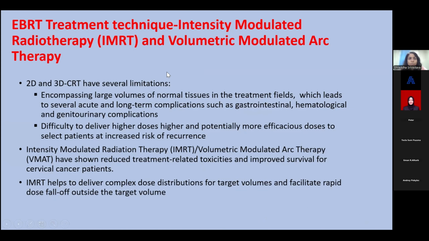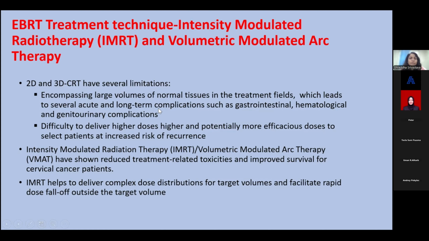Now let's come to the more advanced techniques of EBRT, which are IMRT, intensity modulated radiotherapy, and volumetric modulated arc therapy. The previous techniques, the 2D conventional technique and the 3D conformal technique, had limitations.